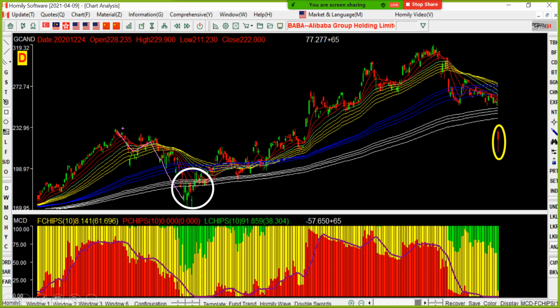If it drops down and touches the wet line, and maybe a few days below the line but closes back, then rallies up, we call it a medium-term strong correction. Then after it rallies up and the candlestick can penetrate the yellow rainbow line, it's a very good medium-term buy point. But now you can check the chart.